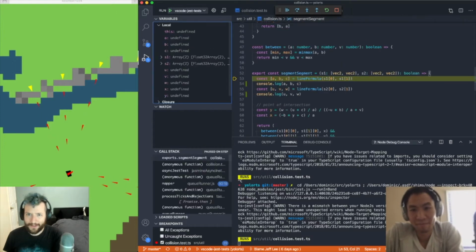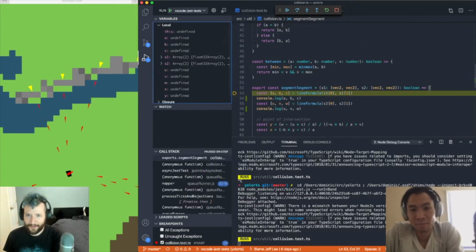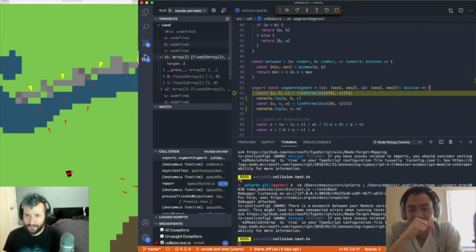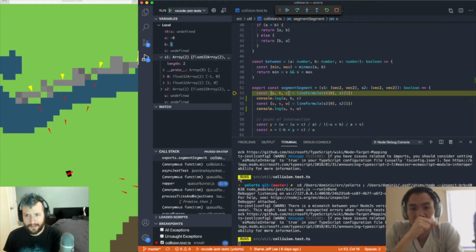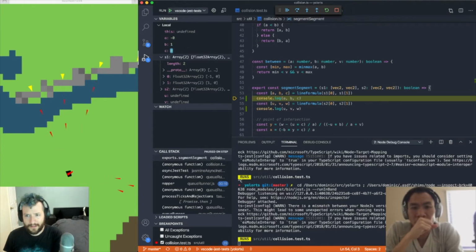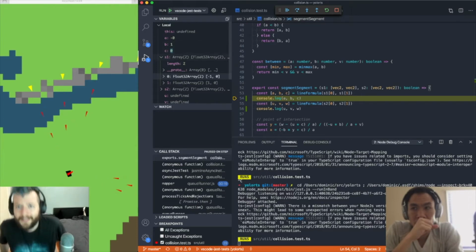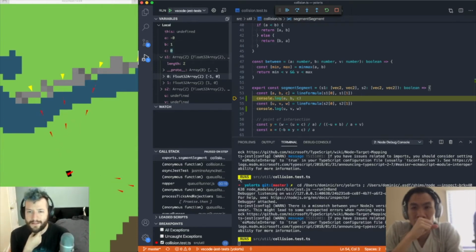Okay, so here we are in our line segment for segment 1. And what is segment 1 again? Segment 1 is the horizontal line, yeah. So we have 0, 1, and 0 as our A, B, and C. That is equivalent to the line y equals 0, right?